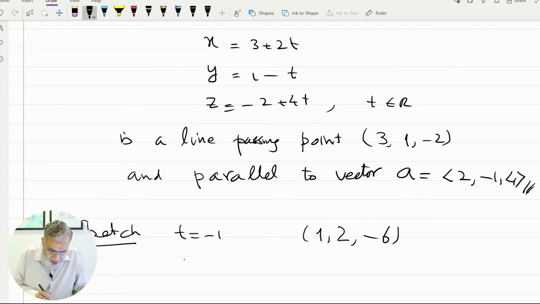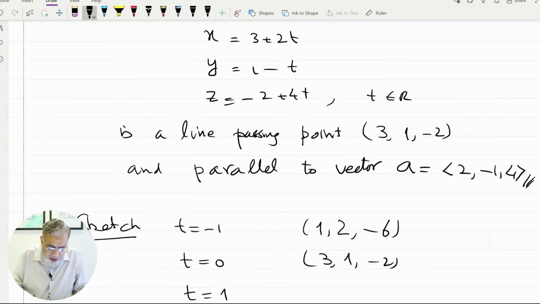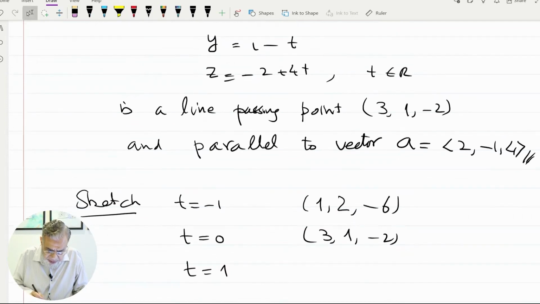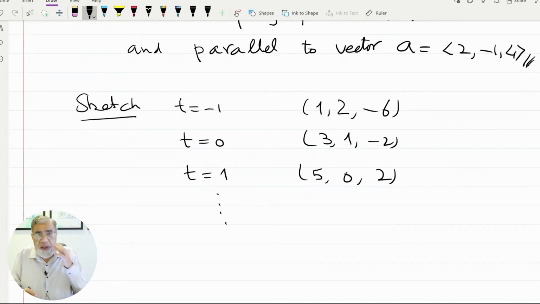When t equal to 0, we get 3, 1, and minus 2, as described before. When t equal to 1, 3 plus 2 is 5, then 1 minus 1 is 0, and minus 2 plus 4 is 2. And so on, we can find an infinite number of points. For each value of t, there is a point.